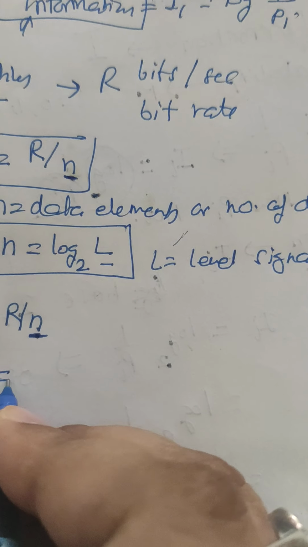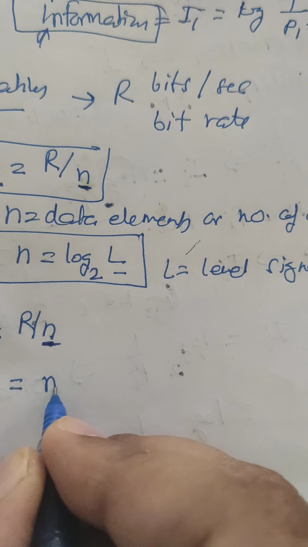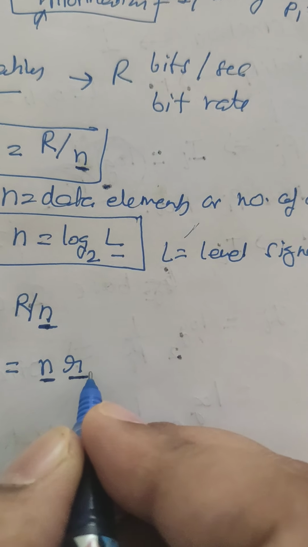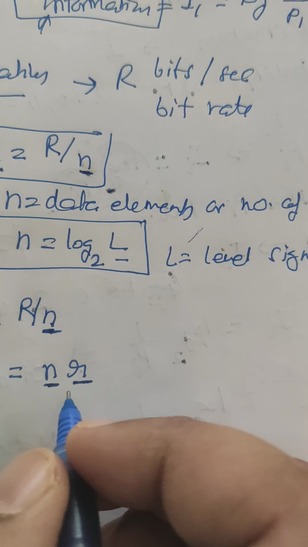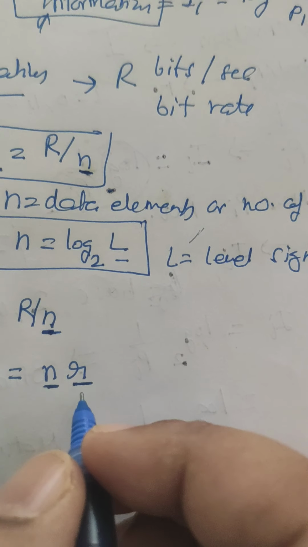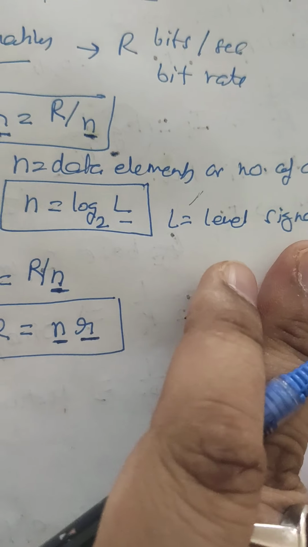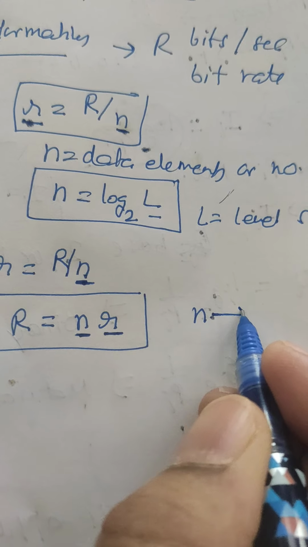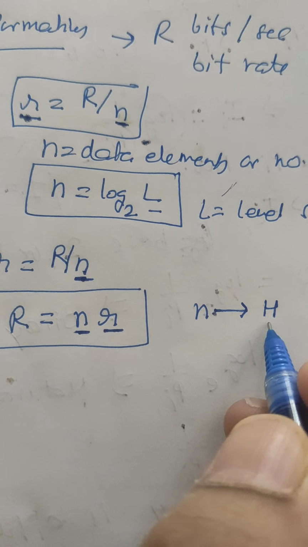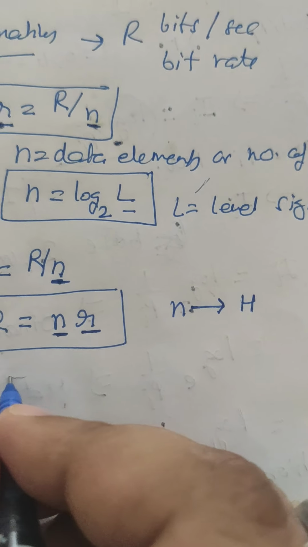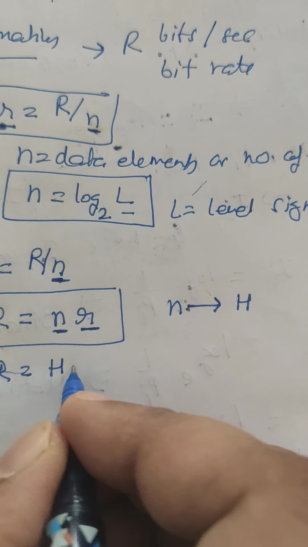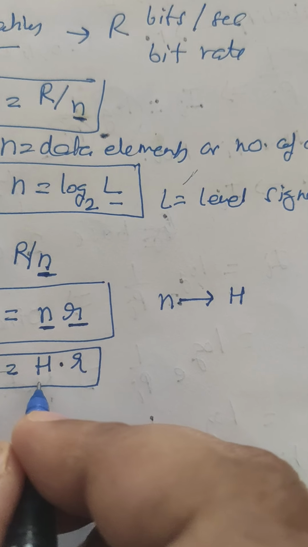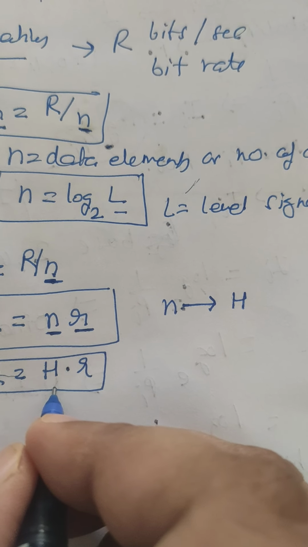So R can be written as n, number of data, times baud rate, that is, the product of number of data and baud rate. Here n is the number of data, or H means average information, so in the place of n we can write H, entropy. So the formula is: the rate of information is the product of entropy and baud rate.